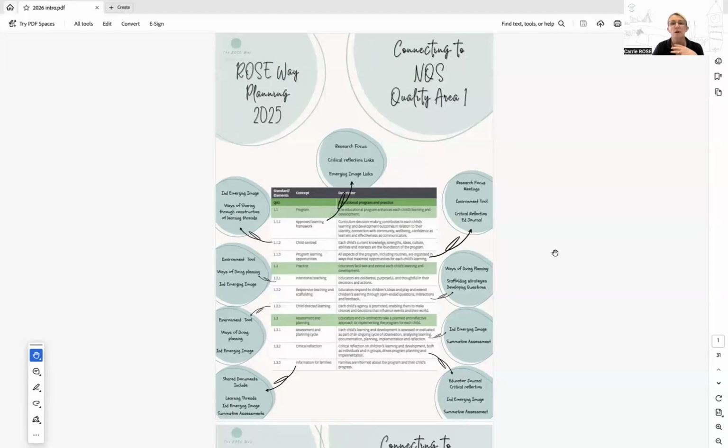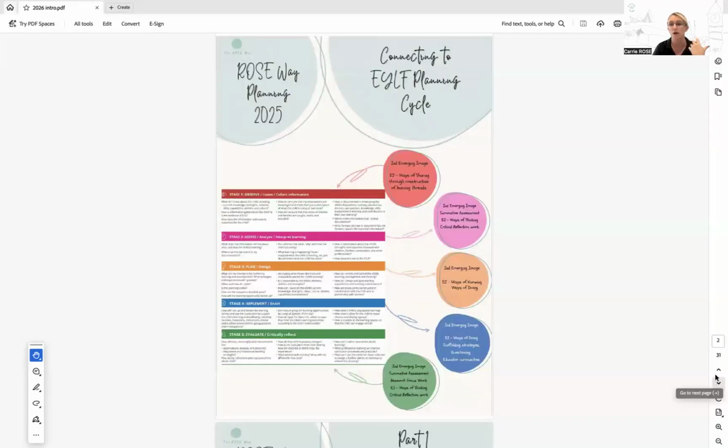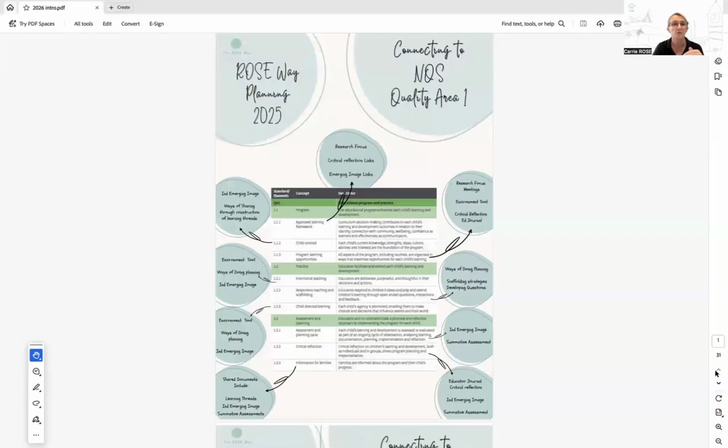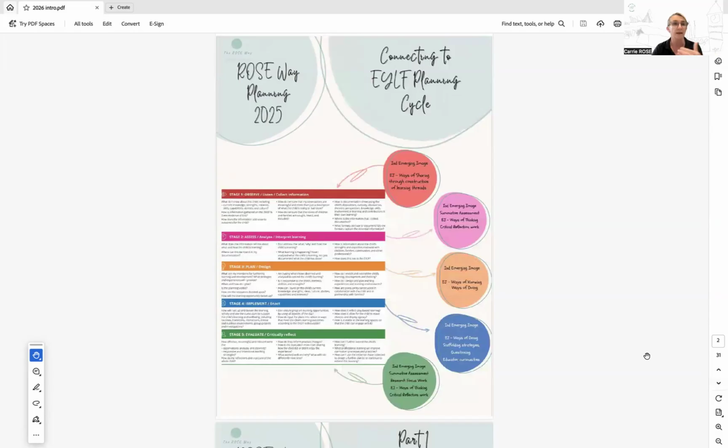So, first of all, just the picture on screen and this second picture, which is the EYLF planning cycle and the National Quality Standards. These are posters that you receive to show how the planning framework is actually linked across all of Quality Area 1 and the elements of the planning framework that link into the 5 stages of the planning cycle.